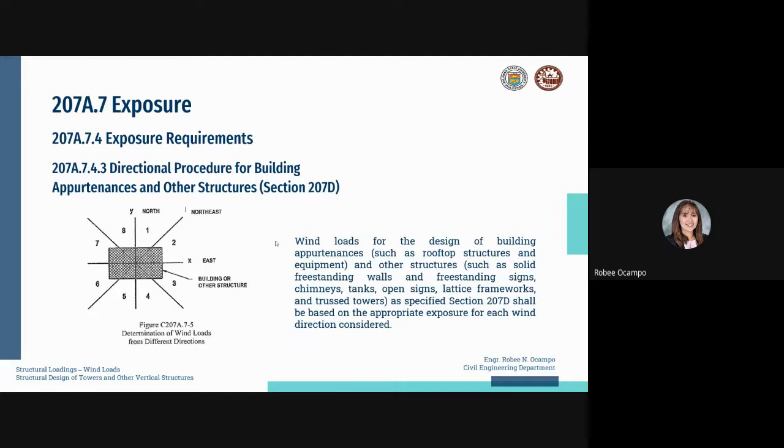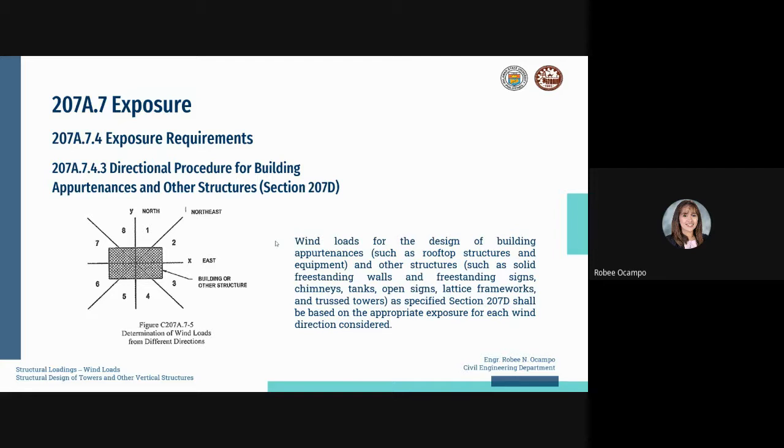Okay, Figure C207A.7.5 shows the determination of wind loads from different directions. You will notice you have 8 parts here. A circle has 360 degrees, so if you have 8 parts, you have 45 degrees each.